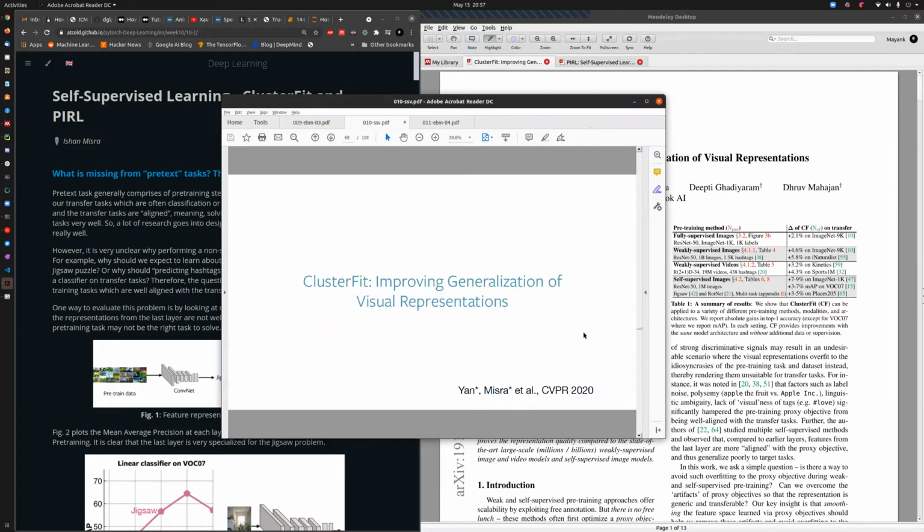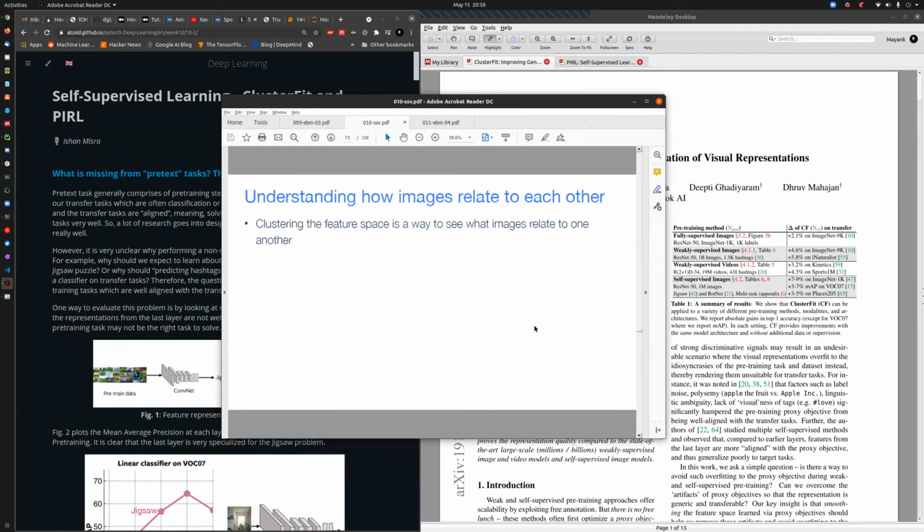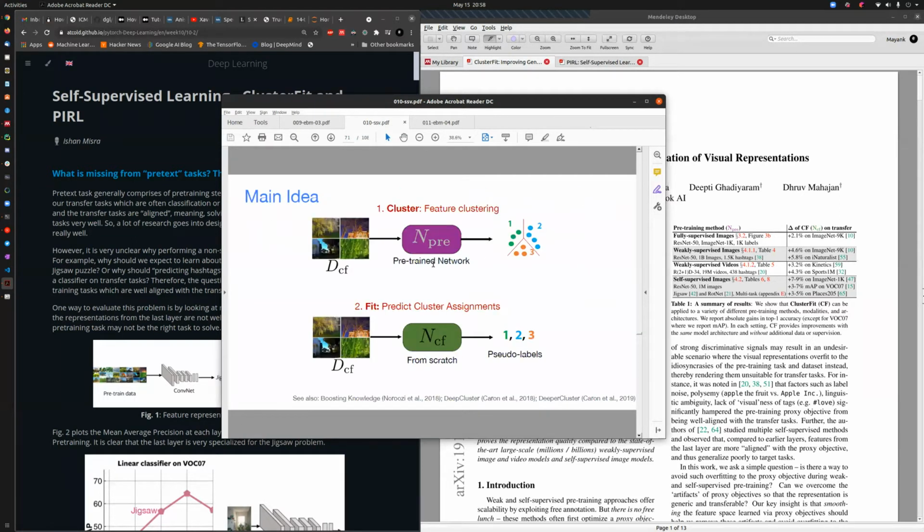This was by Yan and Mishra. ClusterFit: how do images relate to each other? This was the main idea, in which they discuss feature clustering.